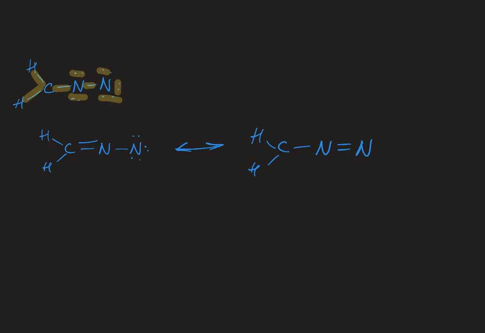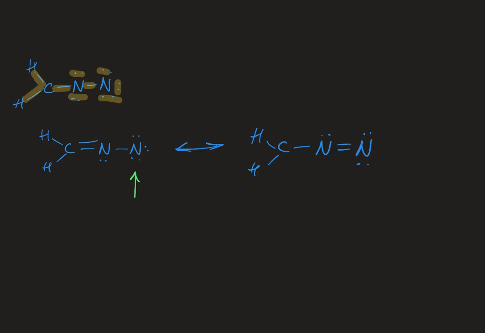Then make sure they each have an octet. So 1 bond, 3 lone pairs, 3 bonds, 1 lone pair. Carbon on the left molecule has 4 bonds. 3 bonds to that nitrogen, 1 lone pair. 2 bonds, 2 lone pairs. Now make sure you get the formal charges. The nitrogen here on the left molecule has 1 bond, which is 2 fewer than it wants.